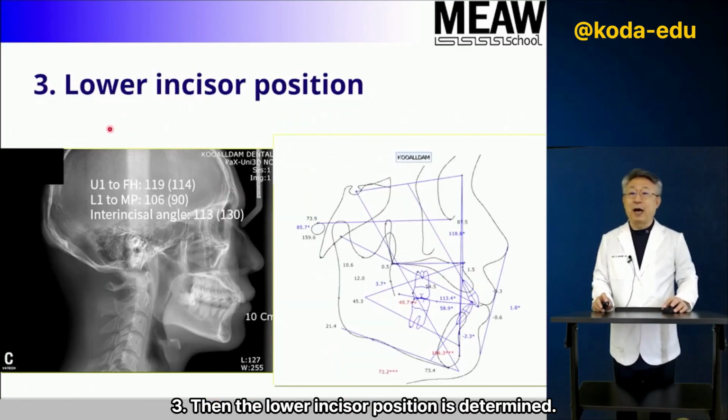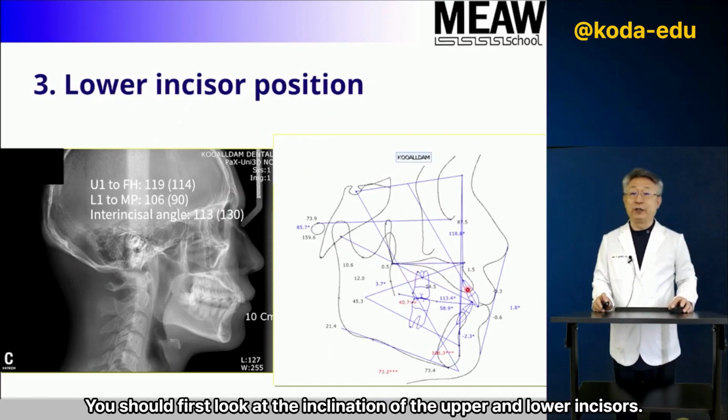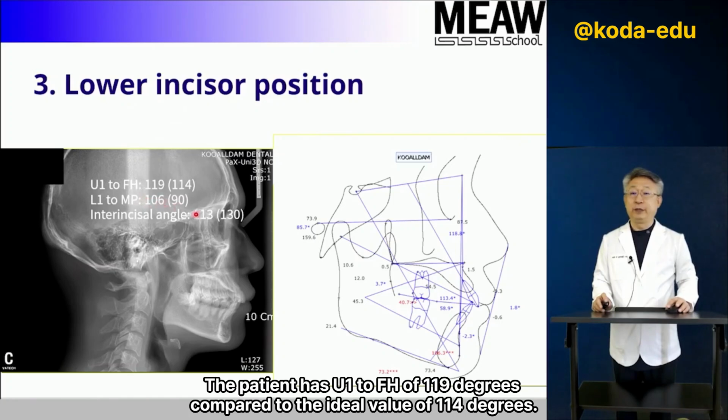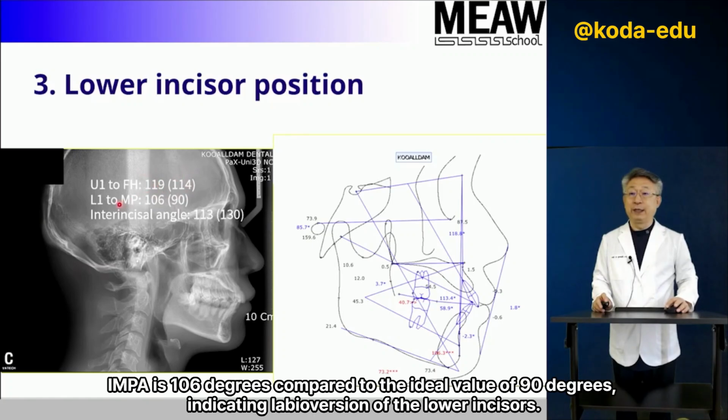3. Then the lower incisor position is determined. You should first look at the inclination of the upper and lower incisors. The patient has U1 to FH of 119 degrees compared to the ideal value of 114 degrees. IMPA is 106 degrees compared to the ideal value of 90 degrees, indicating labioversion of the lower incisors.